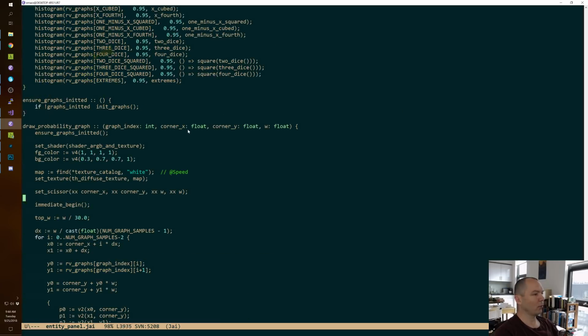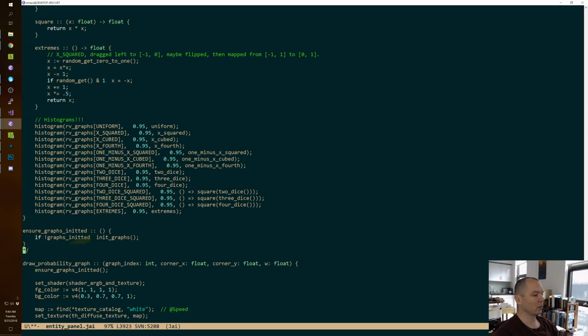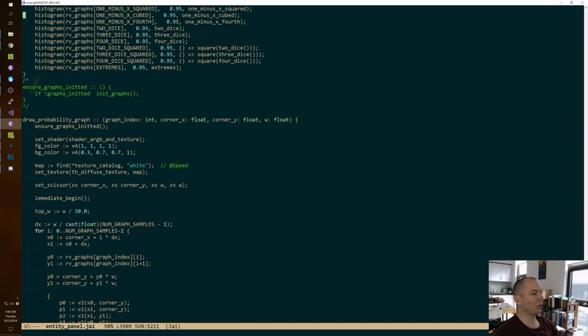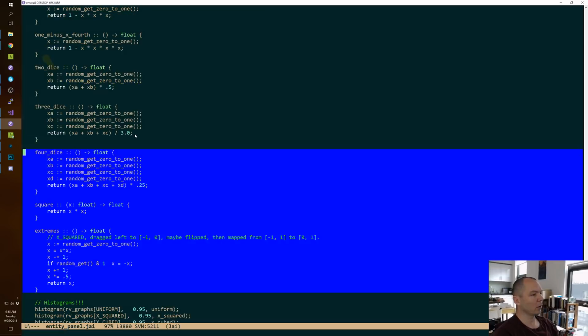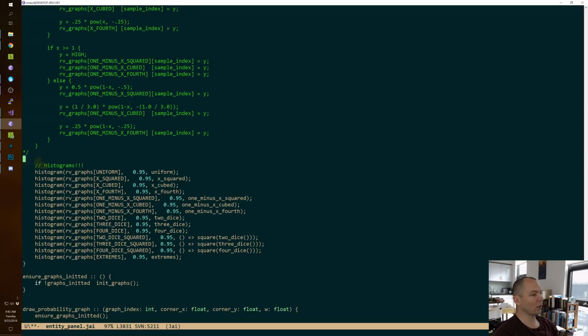So we're not going to do this ensure graphs a knitted thing. Actually, no, let's do one more intermediate step. So instead of doing all this, we're going to put these functions here.